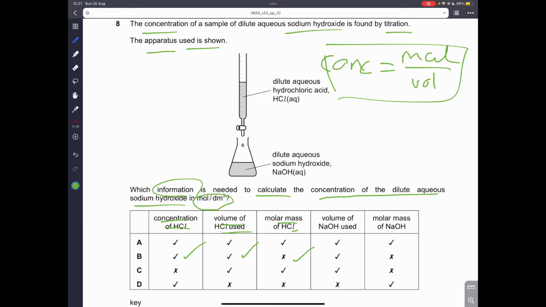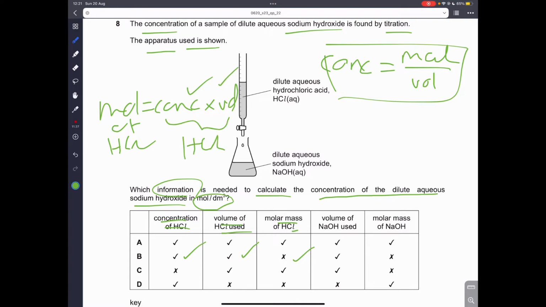We don't need to find the grams. We just have to know the volume of HCl and the concentration used so that we can find the mole. Remember, mole is equal to concentration times volume, so we can find mole of HCl just by knowing the concentration of HCl and volume of HCl, or hydrochloric acid, which is why we don't need the molar mass of HCl.